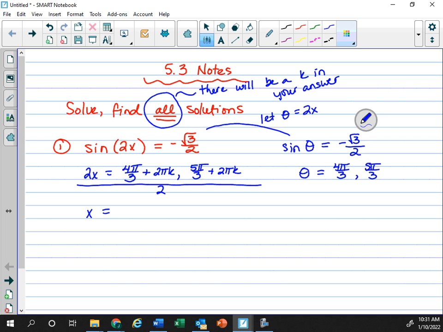Okay, 4 pi over 6, which is really the same as 2 pi over 3. There we go. And then plus, it's not going to be 2 pi k anymore. What will it be? Pi k, good. And then 5 pi over 3, what will that become? Good. Plus pi k. All right, that is your answer.